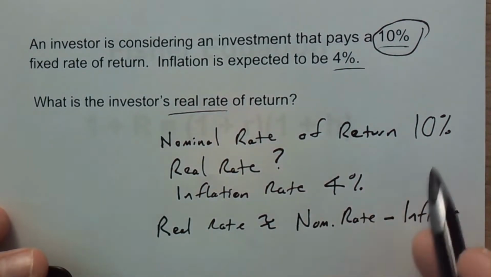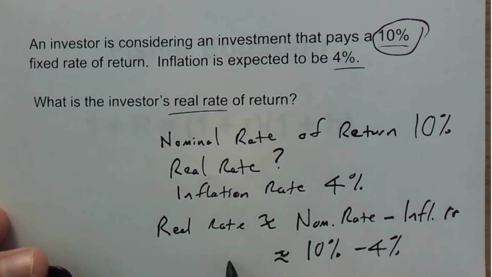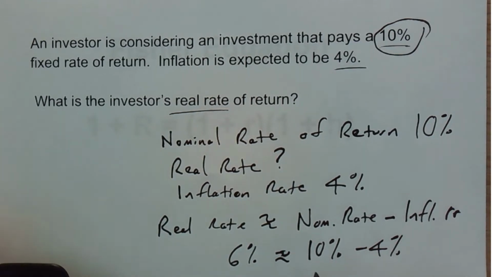And so in that case, our 10% is our nominal rate, and our inflation rate is 4%. So our real rate is approximated to be 10 minus 4, which would be 6%. In other words, the dollars are losing value at 4% per year. We are earning 10% per year, but our real return is only 6%.